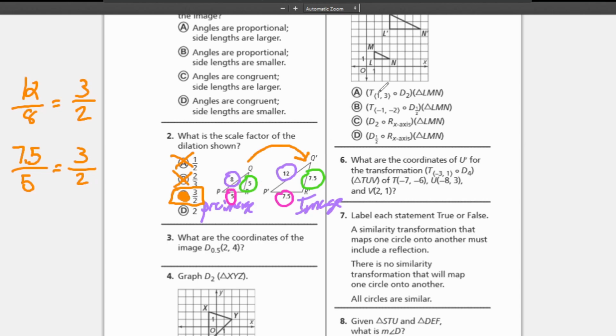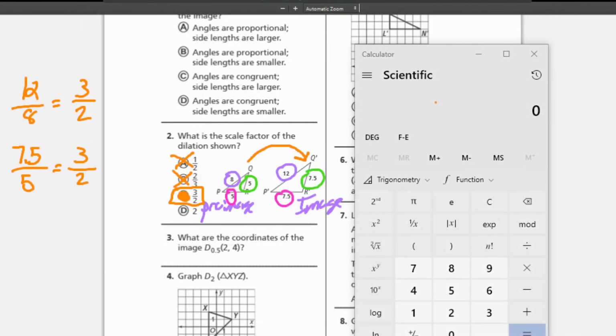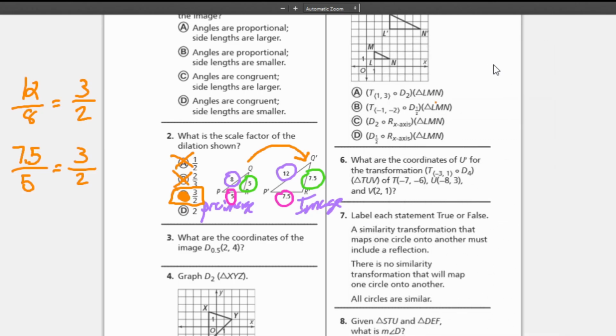At home, with your calculator readily available, and I guess mine is too since I'm on the computer and it has one built in, let's just double check my math there. So I'm going to turn off my annotation tool. I'm going to put 7.5 divided by 5, and I should expect 1.5, and that's exactly what I got. So this is in fact the right answer.